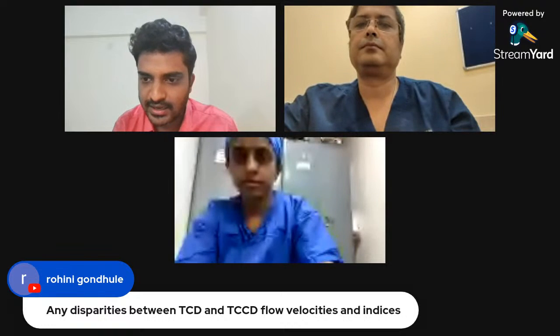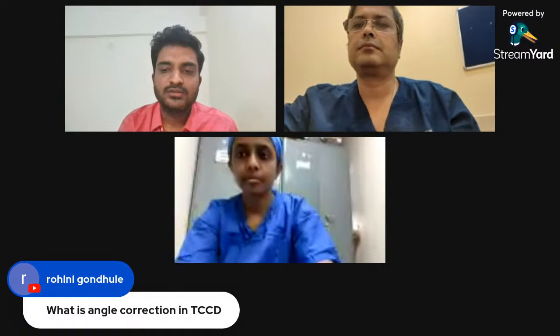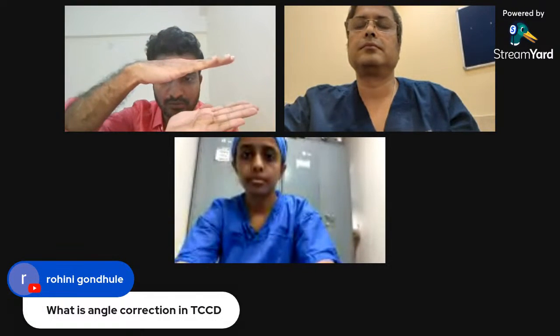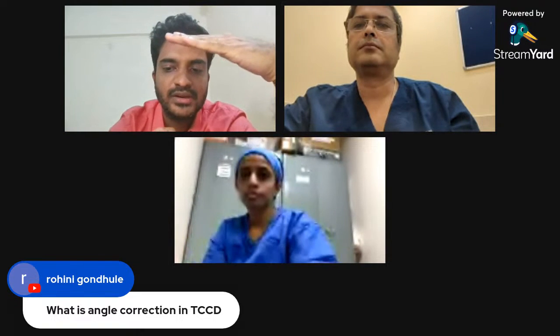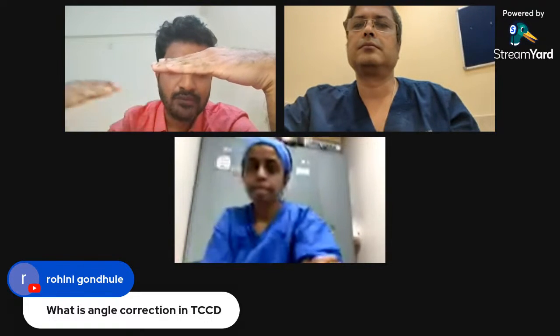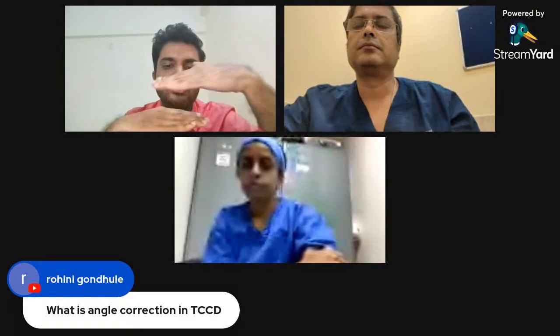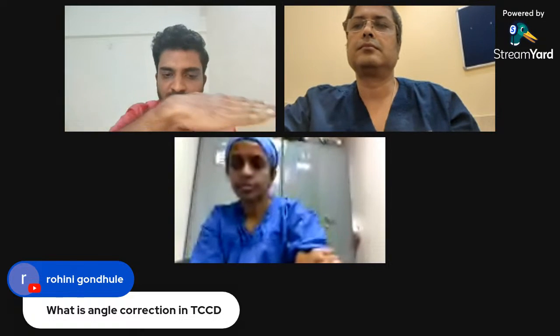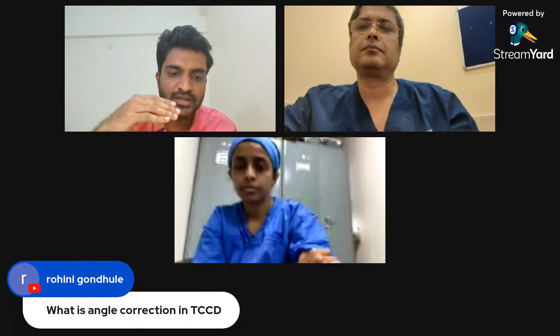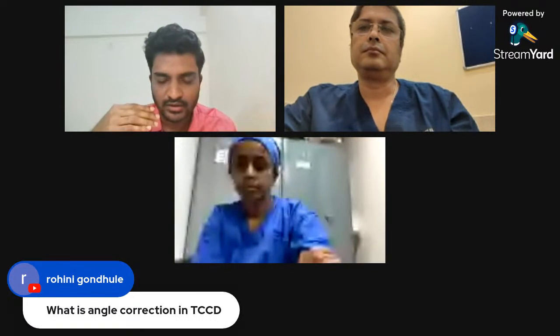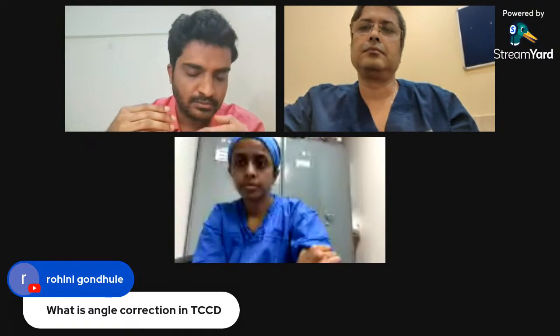What is the angle correction in TCD? You have a window of pulse wave Doppler. When you're measuring the pulse wave Doppler, you get a sample volume gate. Let's say there'll be two parallel lines, and you have a cursor in between. That is the one which measures the angle of your probe with that of the flow of your blood vessel.